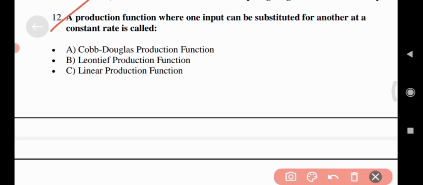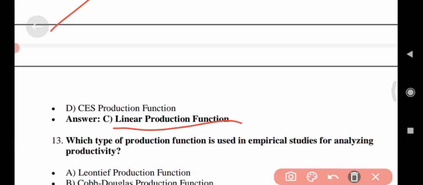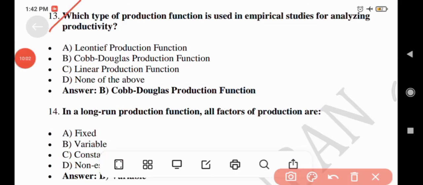A production function where one input can be substituted for another at a constant rate is called linear production function. Which type of production function is used in empirical studies for analyzing productivity?